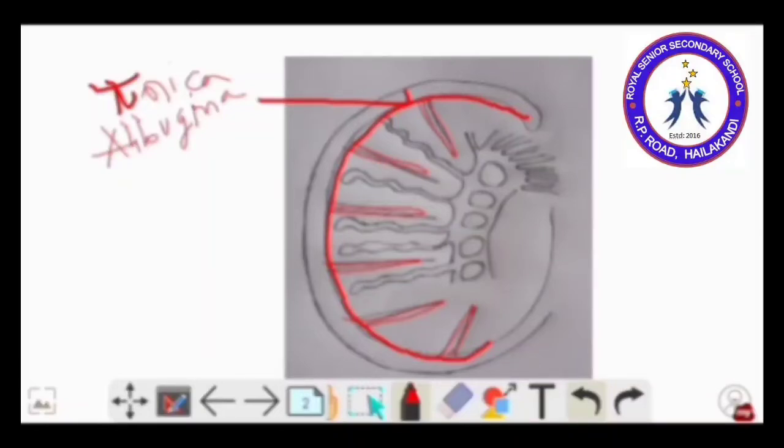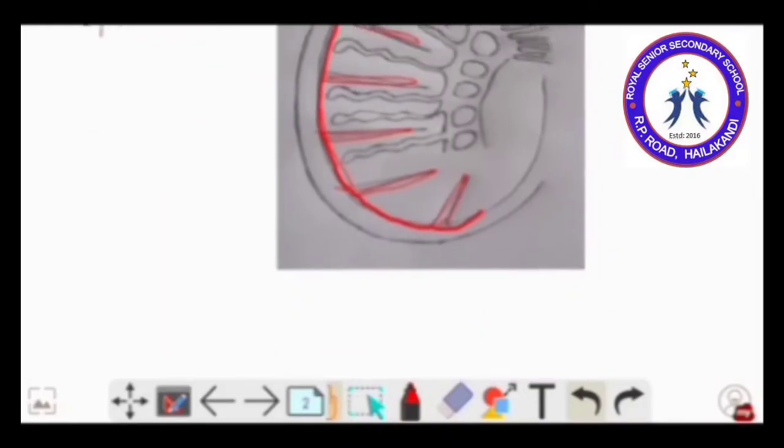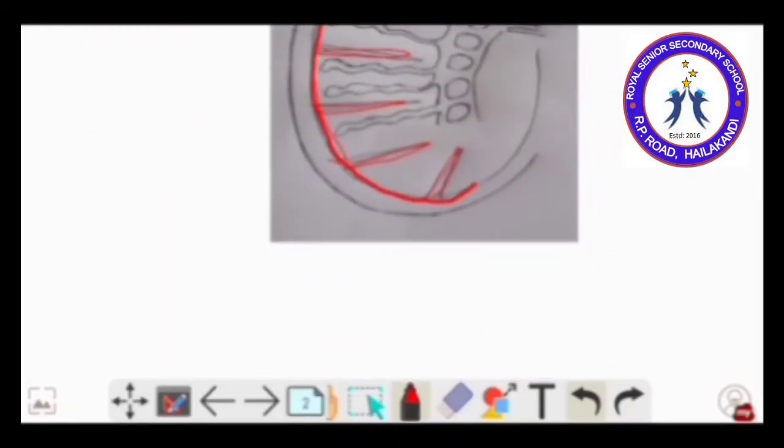All of these are also known as compartments, and these compartments are formed because of the infolding of the first layer, that is the tunica albuginea. This compartment-like structure is known as testicular septa.